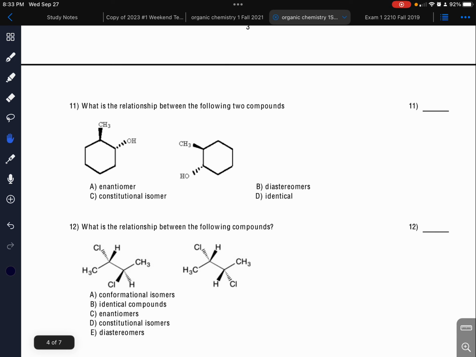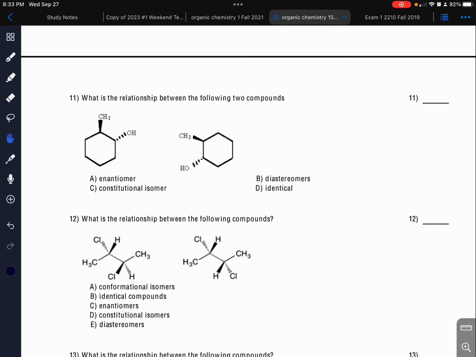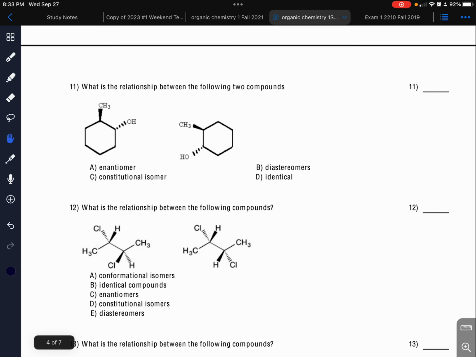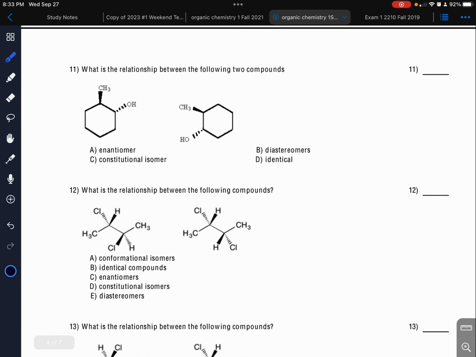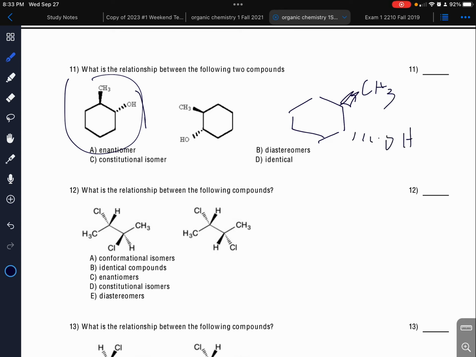If I look at number 11, if I just rotate this first one so that they face each other, you will see that the CH3 and OH, these two are mirror images of each other, which means they can't be diastereomers and they cannot be constitutional.